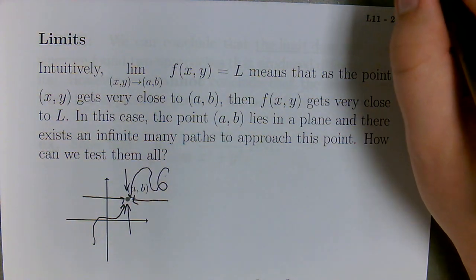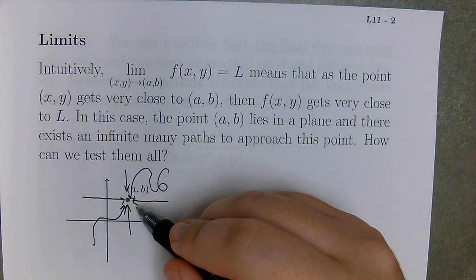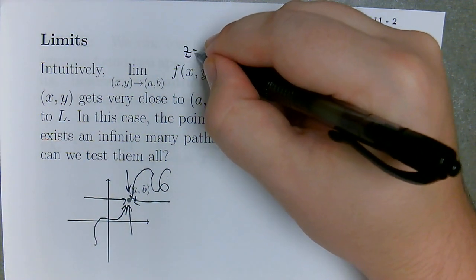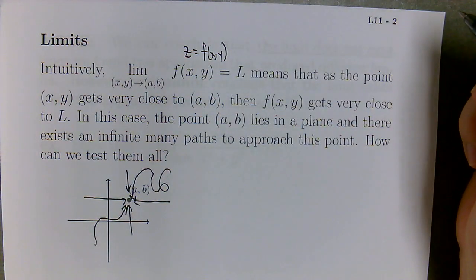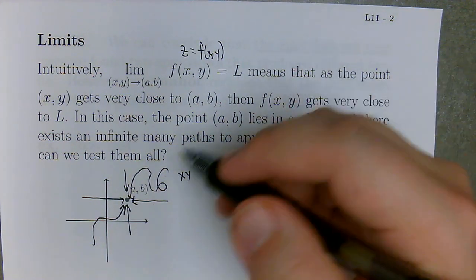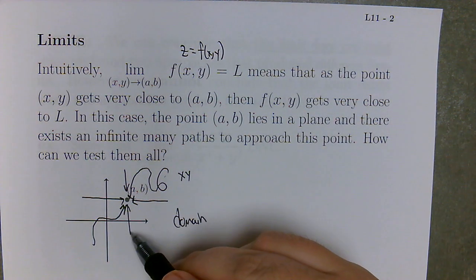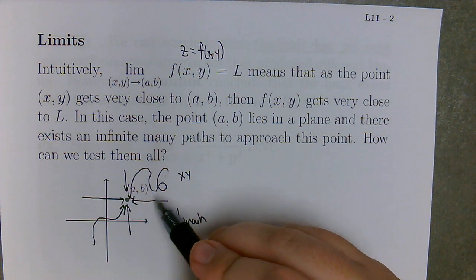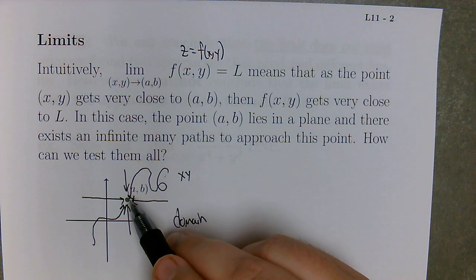And by the way, you might be like, okay, well this is still in 2D, how are we in Calc 3 right now? Remember that traditionally the third dimension, z, is going to be a function of x and y. So effectively what we're doing right now is we're looking at the xy plane, and this is going to be the domain of the function. These are x and y values that we're plugging in as we get close to our (a, b).